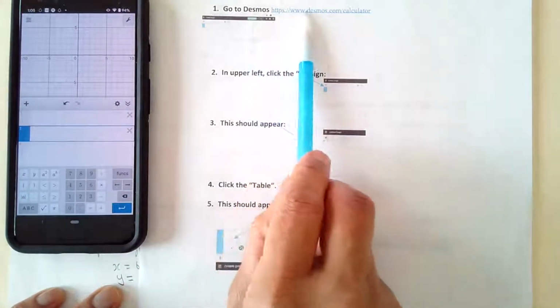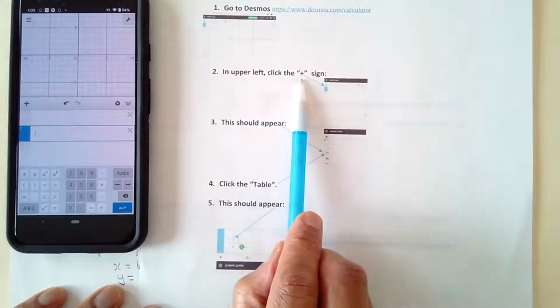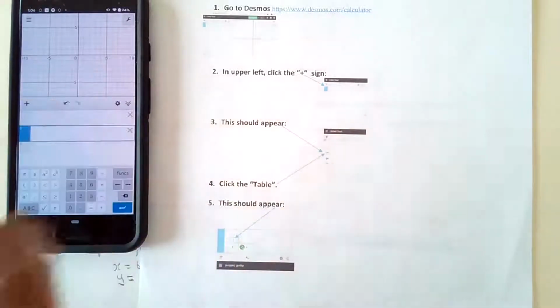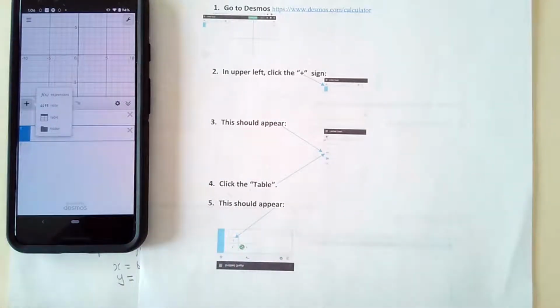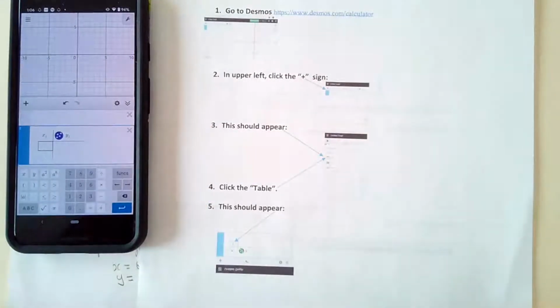If you're using a computer, go to desmos.com calculator, and in the upper left, click the plus button. And what you would like is a table. So I'm going to go to the table.